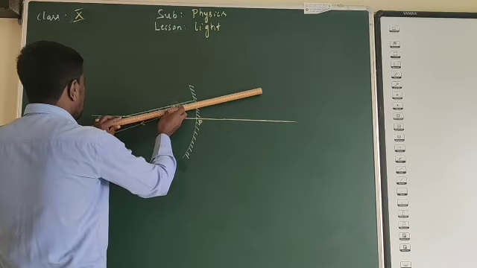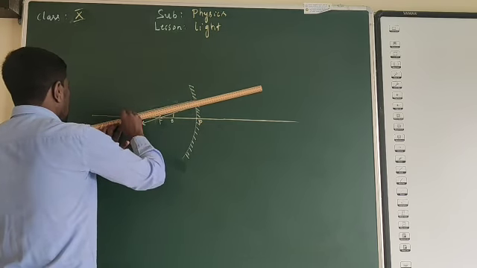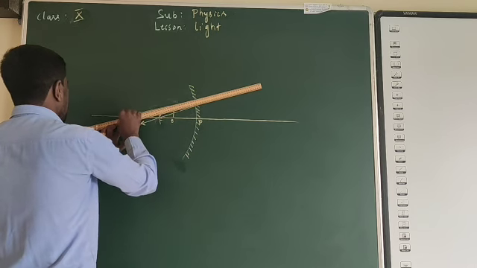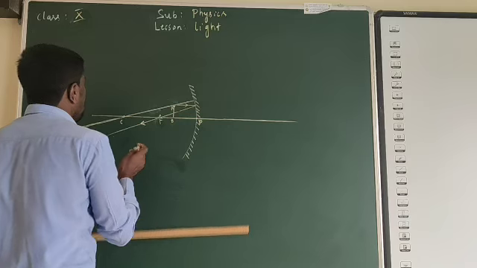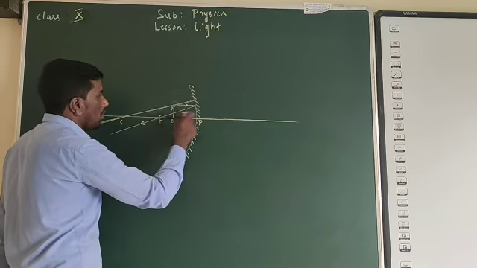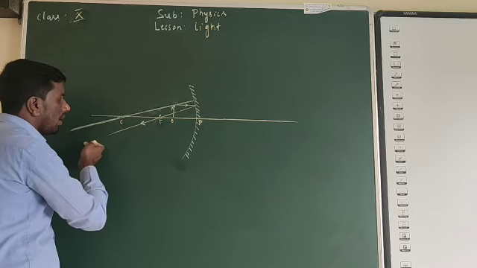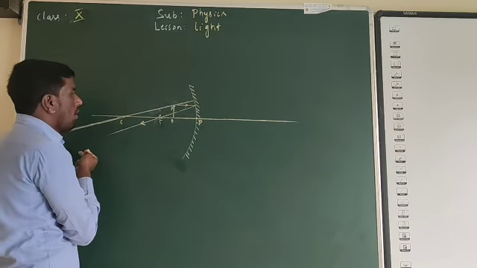Since it is a surface, what will happen? It will be reflected. So the first ray I have taken parallel to the principal axis will be reflected through the principal focus.